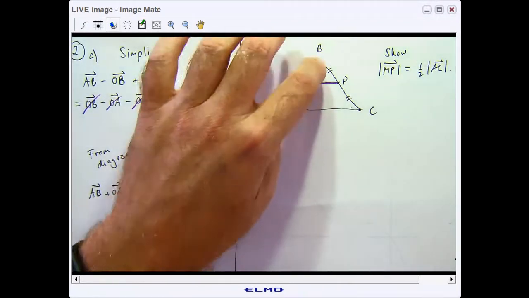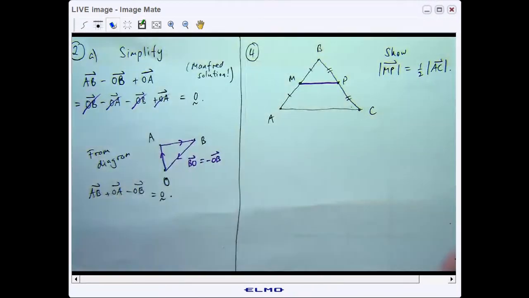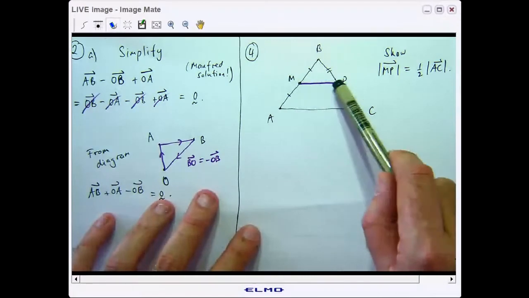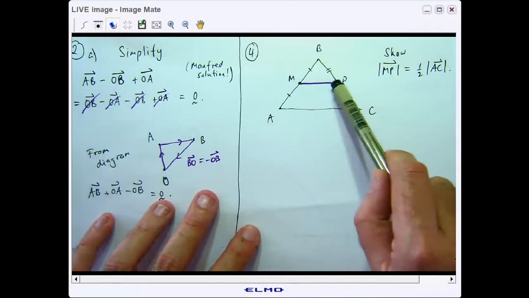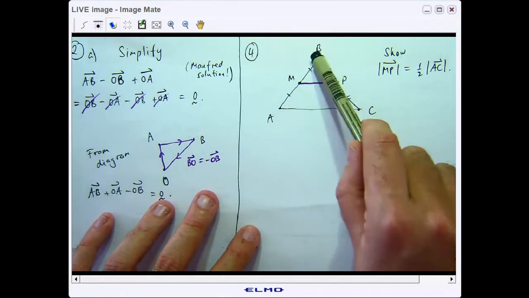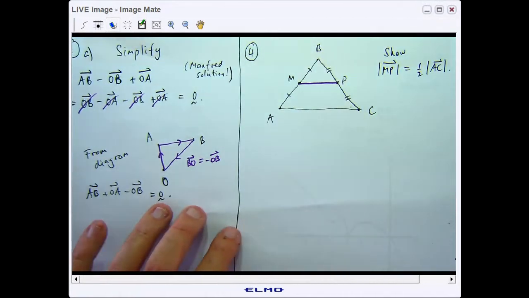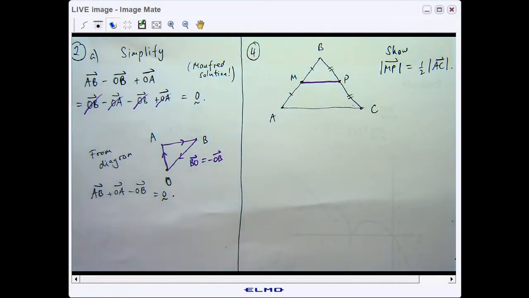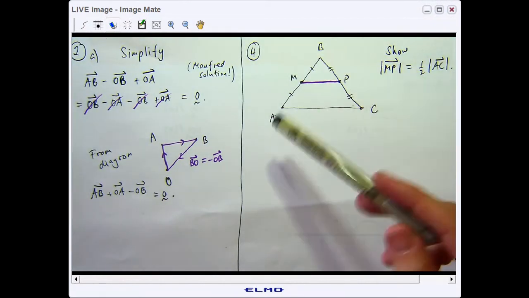Now, one way you can definitely do this problem is to look at similar triangles, right? So that triangle and that triangle are similar. If you were doing this in high school, like year 9 or something in Australia, you probably wouldn't use vectors.